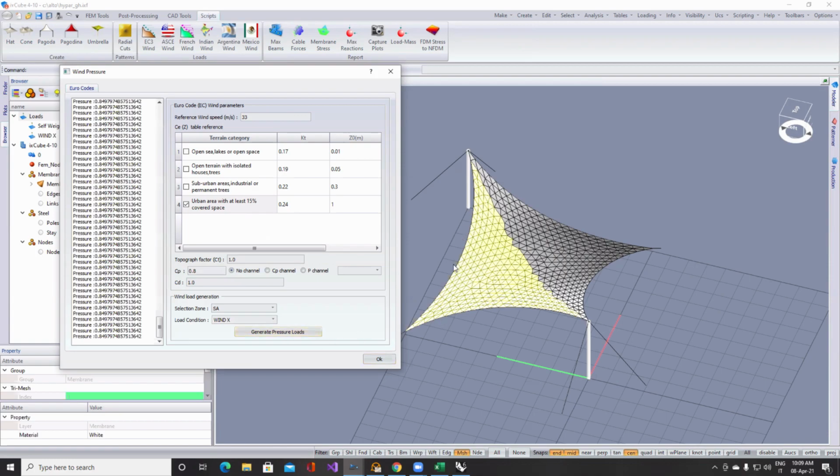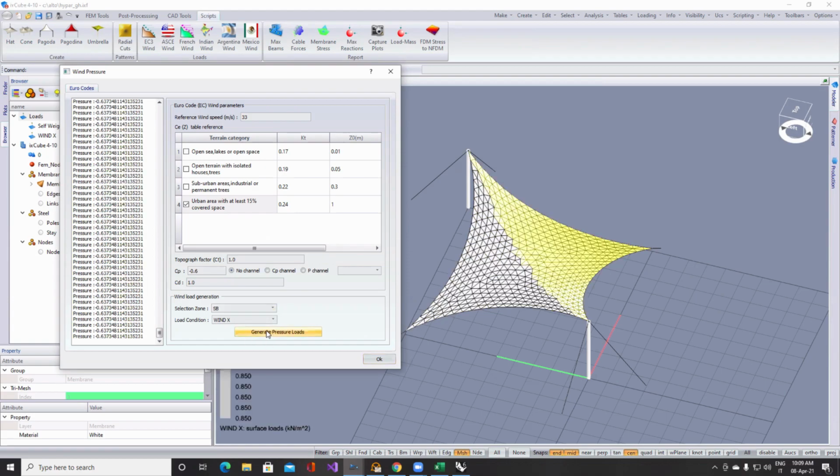You see that it loads the selection and computes the wind pressure, and it applies the wind pressure on this area. We want to generate the pressure on the other side, but this is a negative pressure, it's a suction, minus 0.6. I want to input it in the same load case, but we want to use selection B. So on the B area, we want to have negative pressure.